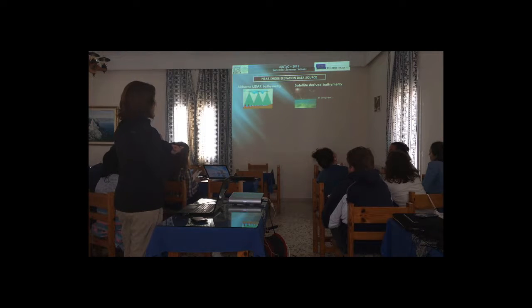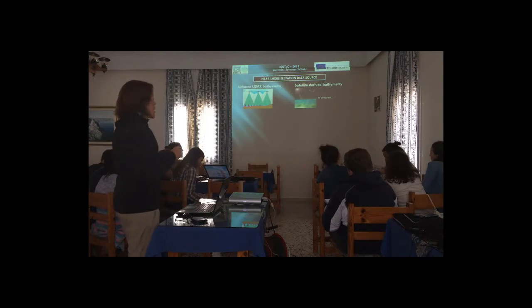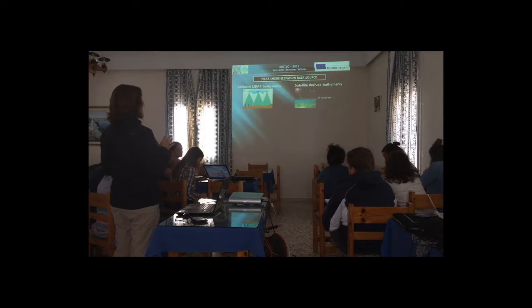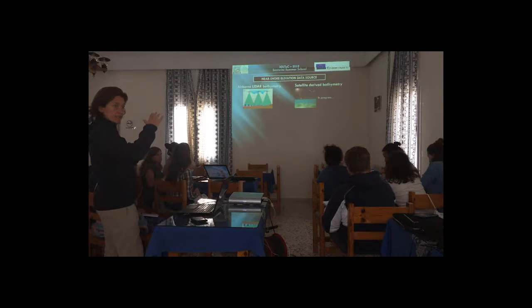The satellite radar bathymetry is a new way to collect bathymetric data in the nearshore area, but it is still in progress. What they do is something very similar to photogrammetry, but they apply algorithms to the visible images collected by satellite, even the ones of highest resolution between 10 and 30 meters.